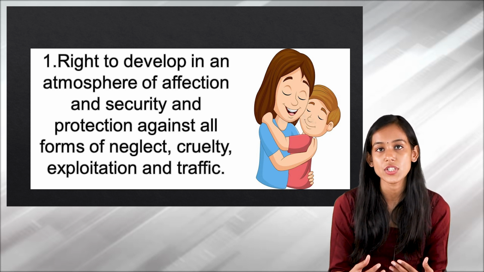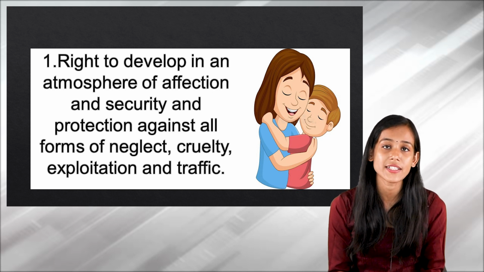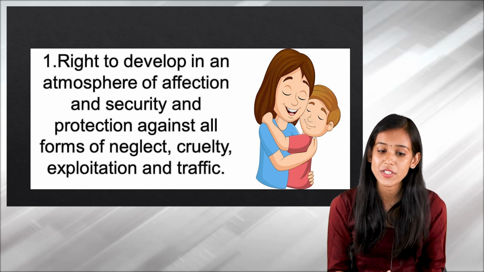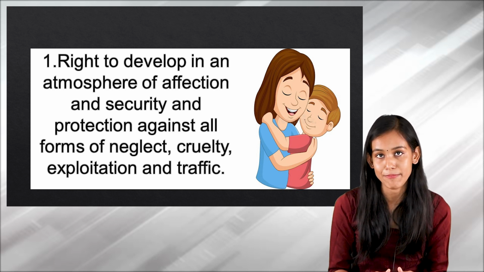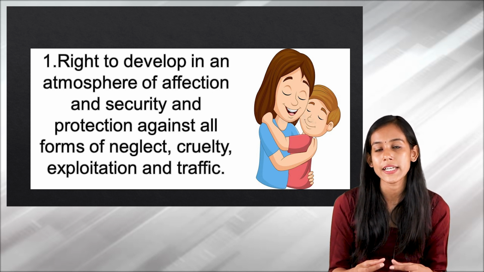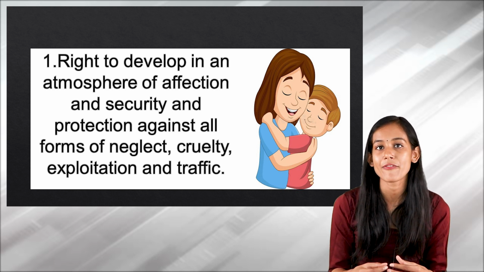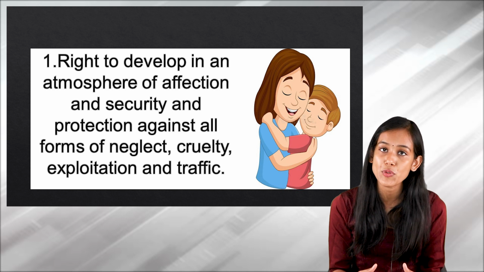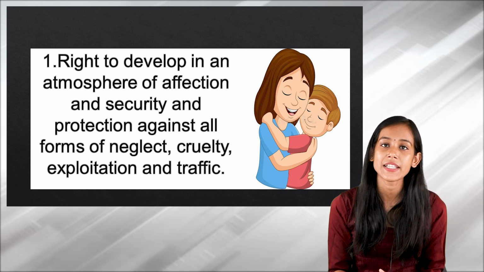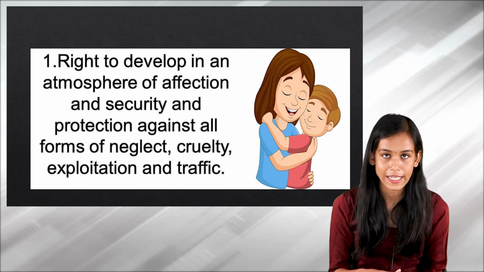However, children who are underprivileged and in an exploitative and inhuman situation get neglected badly. Because of this, it is their fundamental right to develop in an atmosphere of affection, with love and care, and they should be protected against all forms of neglect.